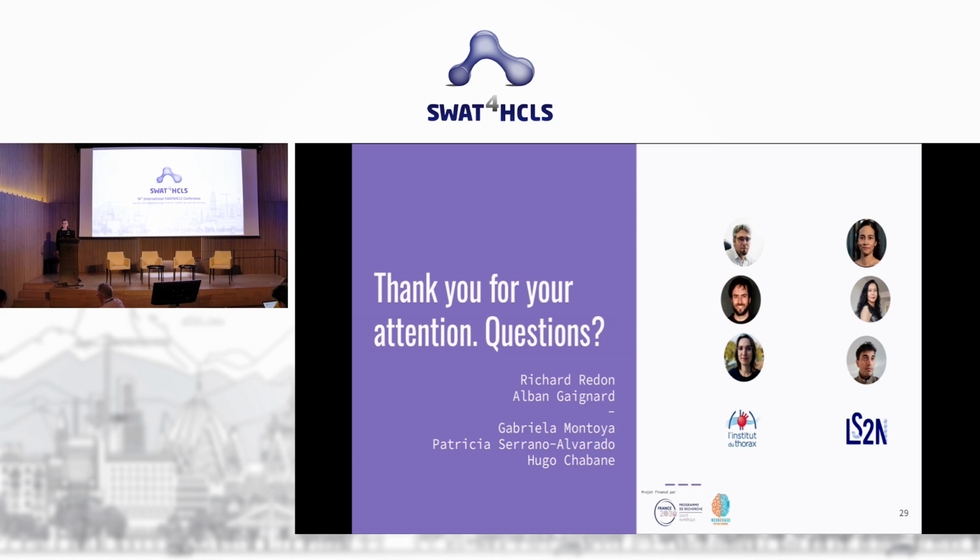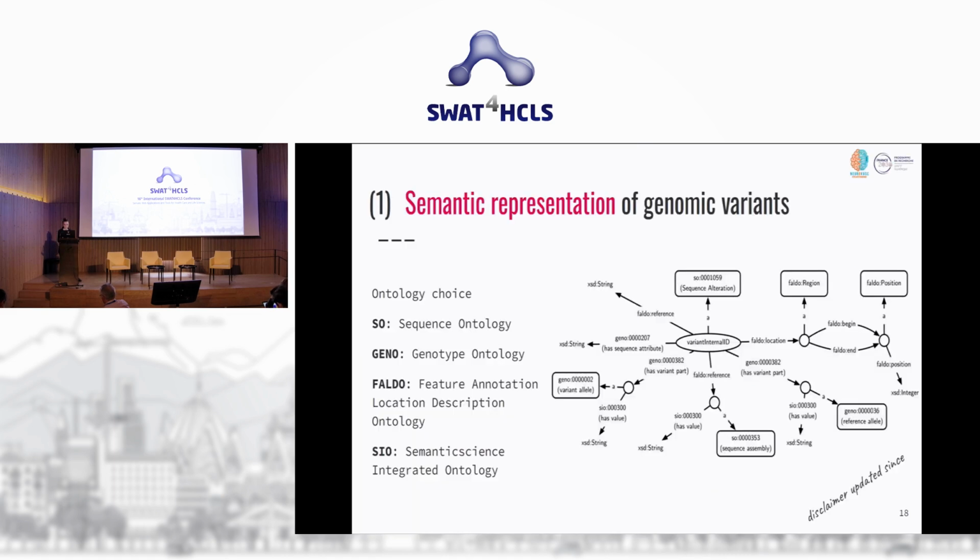Hi, very cool work. I have a very short question. For your data model about variants, did you use or base it on some standard, apart from the existing expert ontologies?